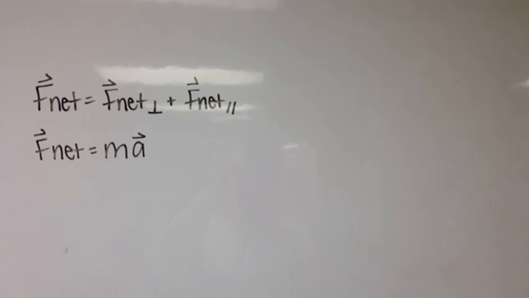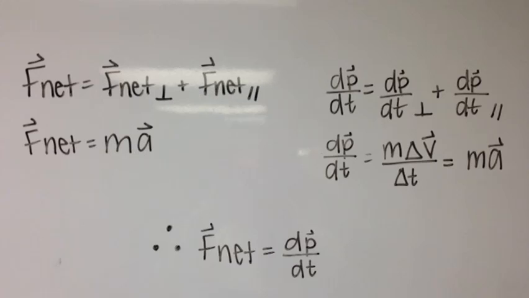What does it mean? Fnet and dp over dt have a unique relationship. Fnet equals the perpendicular component of Fnet plus the parallel component of Fnet. And we know that from Newton's second law, Fnet equals ma. dp over dt equals the parallel component of dp over dt plus the perpendicular component of dp over dt. We also know from the momentum principle that dp over dt equals mass times change in velocity over change in time, which also equals ma.